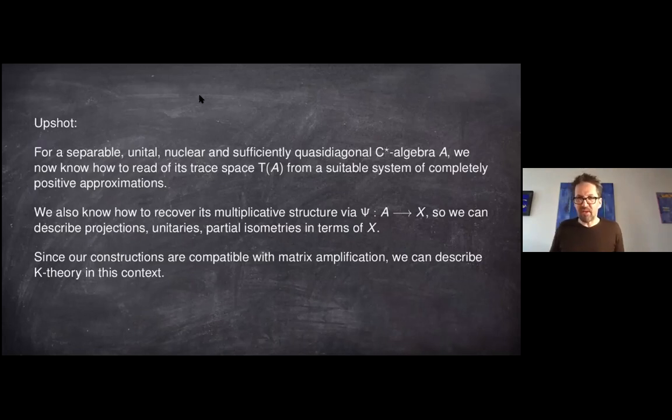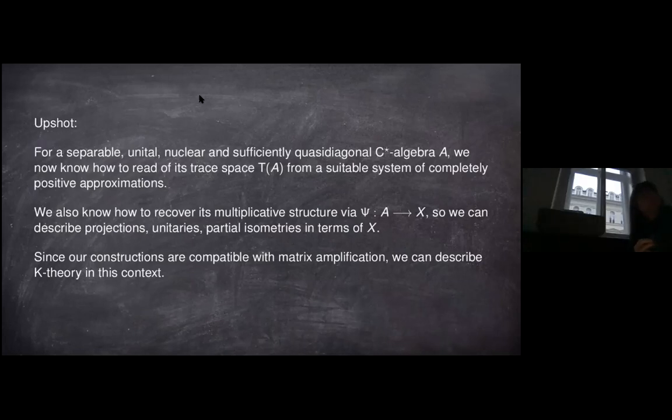And I think that was the main drawback why this was never carried out, or why K-theory was never explicitly described for NF algebras along these lines. Back even for things that aren't necessarily quasi-diagonal.